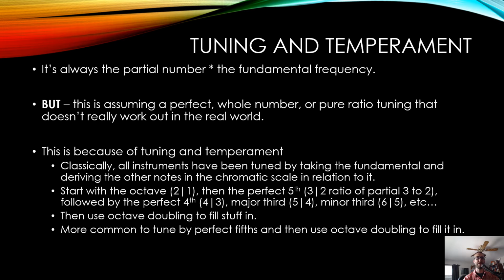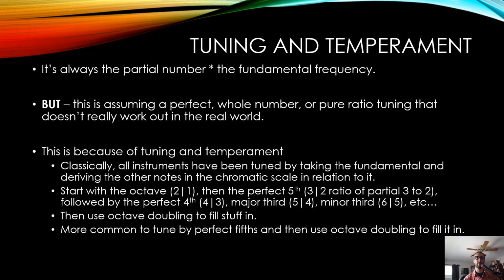Why? Well, because of tuning and temperament. So classically, historically, all instruments are tuned by taking the fundamental and deriving the other notes in the chromatic scale in relation to that fundamental. So you would start with the fundamental, then go to the octave, which is a 2-to-1 ratio.